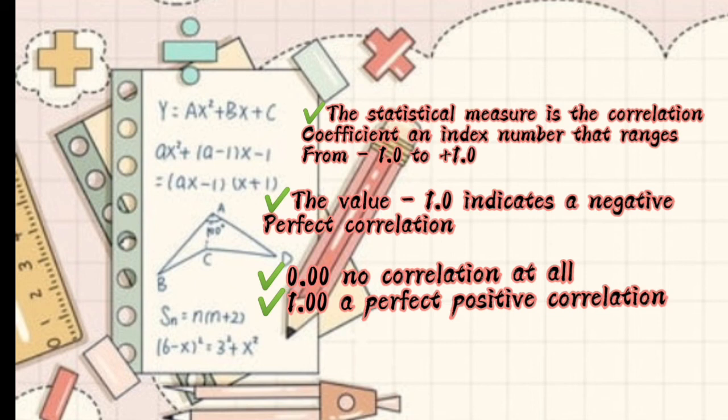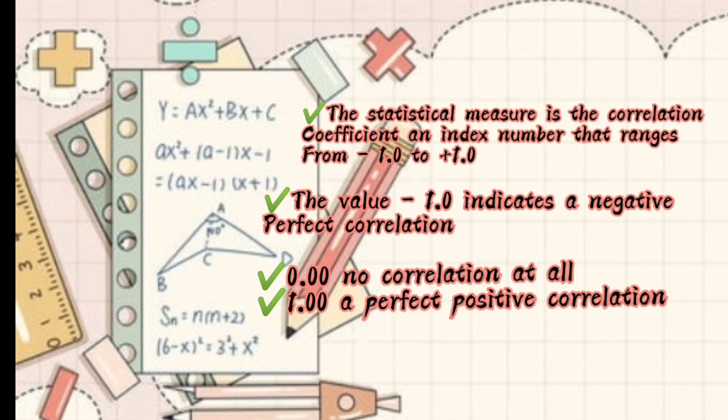There have been many correlation studies conducted in the field of assessment and research, but correlation coefficients did not result in exact values of 0.00, negative 1.0, and positive 1.0.